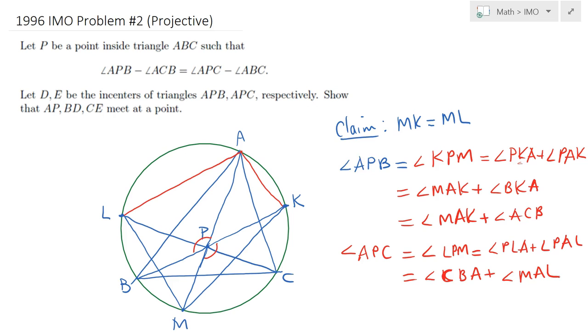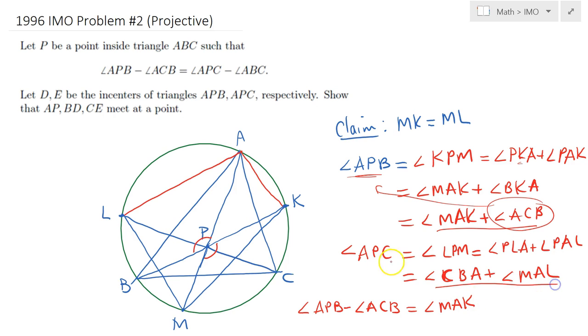Now, from the first relationship, I will just move this angle to the left hand side. So from the first one, I have angle APB minus angle ACB is equal to angle MAK.